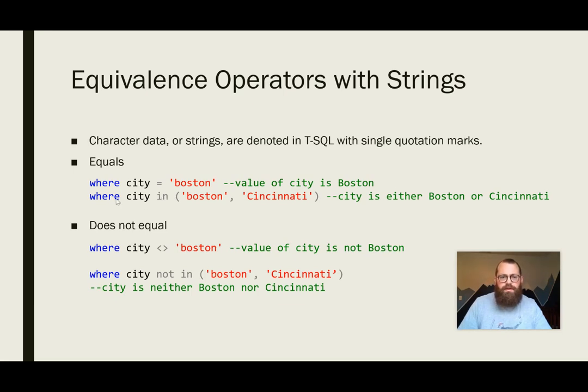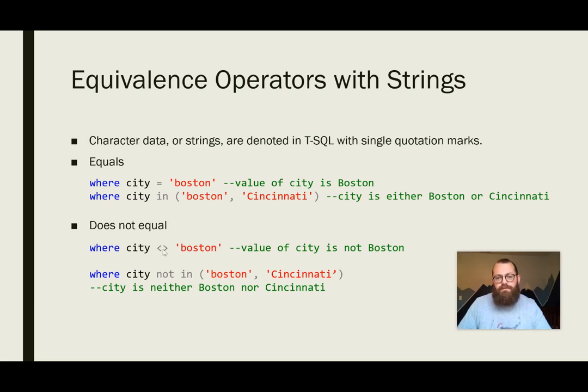Then with the in operator, you can add additional equivalents or additional values to evaluate. So in this particular clause, we're seeing if the city is in Boston or Cincinnati. Those records are going to be returned from the table source, and then the rest of the query is going to execute on top of that data. In terms of non-equivalence, it's the same exact way as with numeric data.